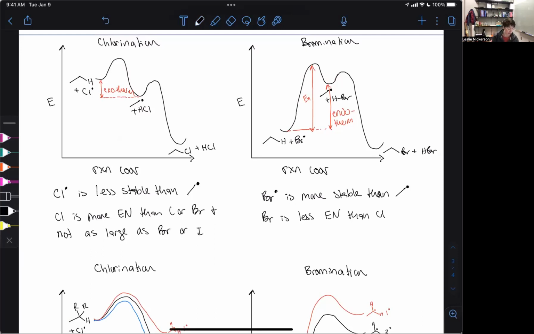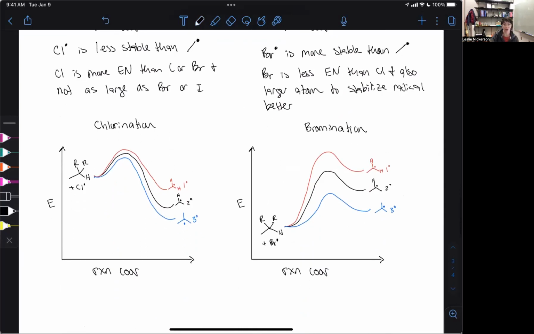Okay, so we're going down, but it's also a larger atom, so it can stabilize that radical better. Okay, so it's kind of weird things, but we're thinking about this in terms of how stable are the radicals that we're forming.